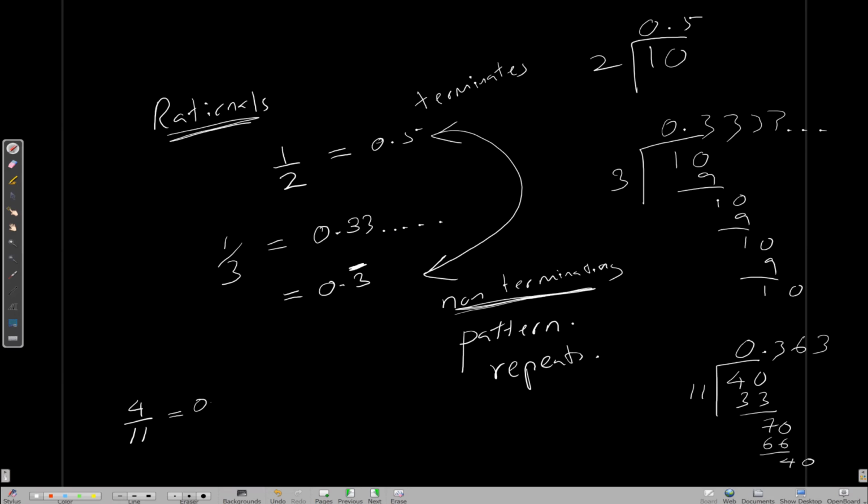So 0.36 forever, 0.36363636. So that pattern can be with two numbers like this, or it can be 0.7851 and 7851, 7851. So that's the pattern. That can be of any number of digits. If that happens, it's still a rational number.